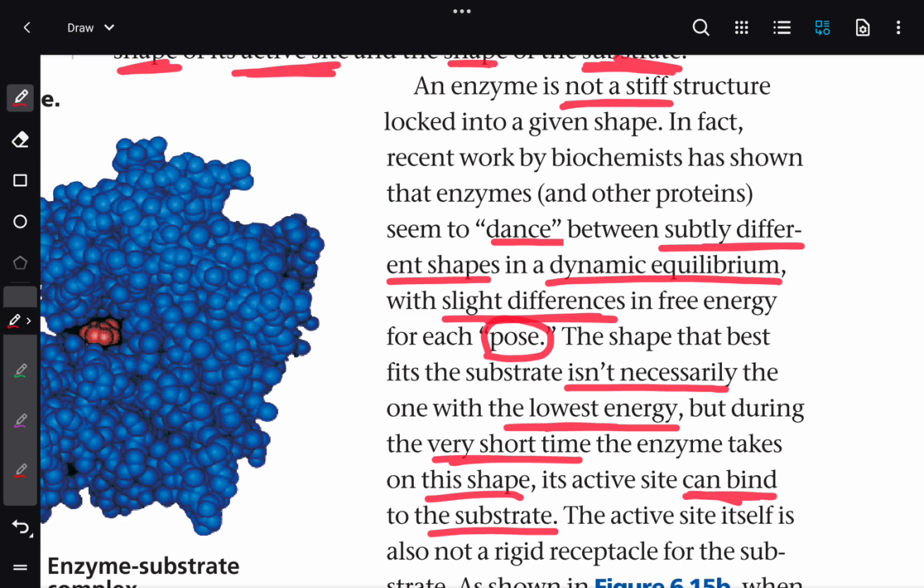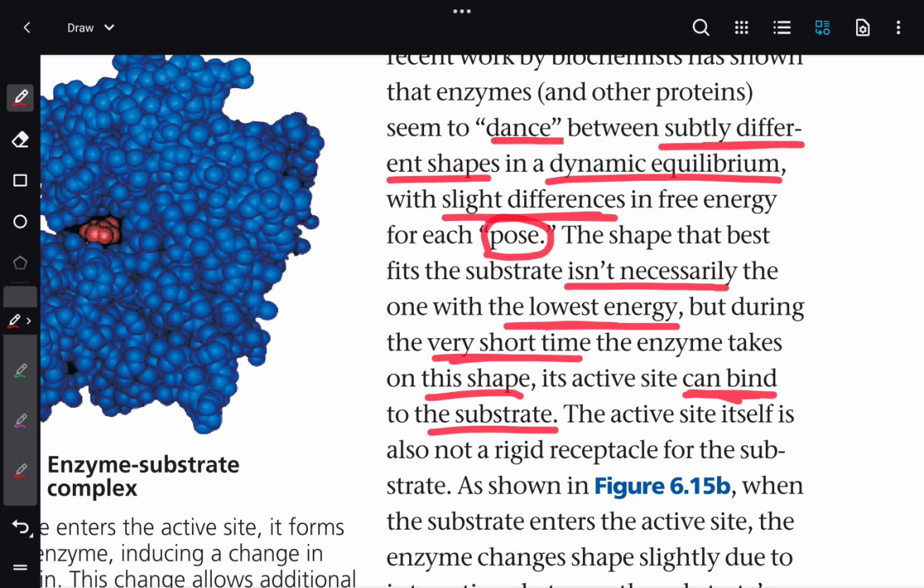It polymorphs into subtly, slightly different 3D configurations, which adjusts the active site's shape, and within these changes, the substrate can bind to that active site.